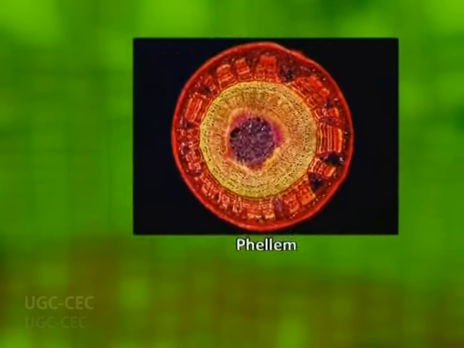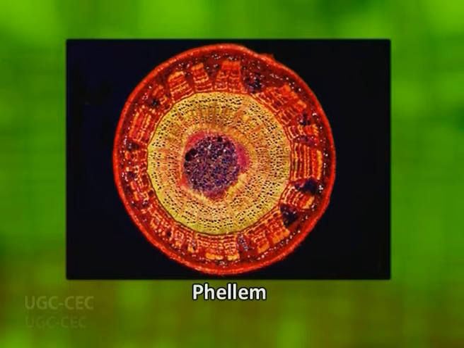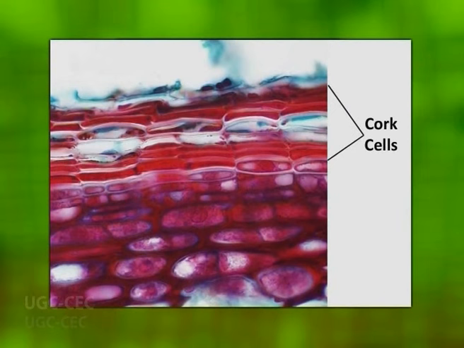First, the phellem. The cells constituting phellem, commonly known as cork cells, are like the cork cambium cells from which they are cut off. They are usually polygonal in shape as seen in tangential section, and in cross section they are flattened radially.